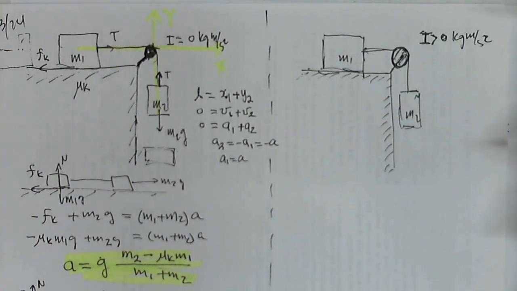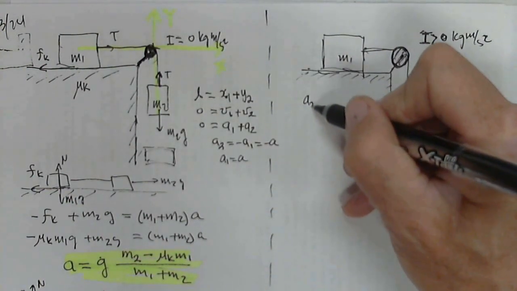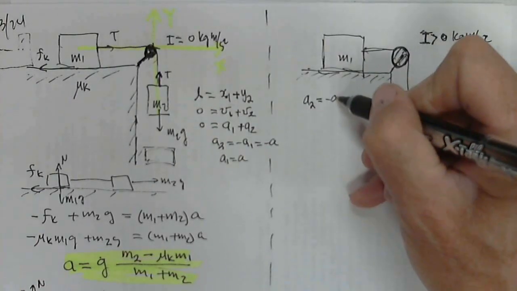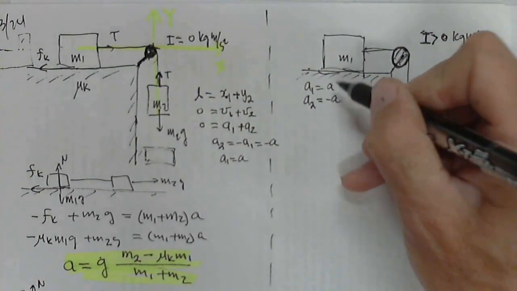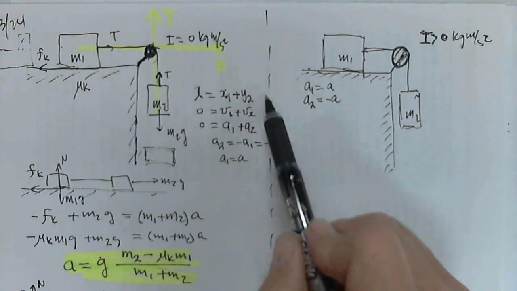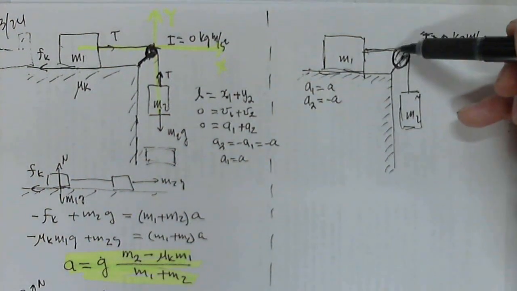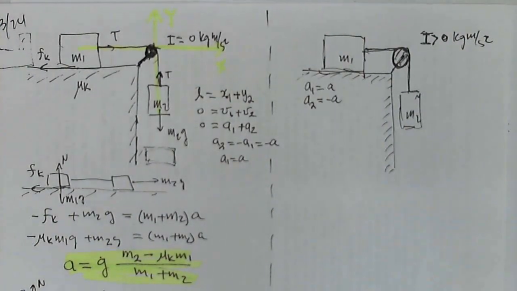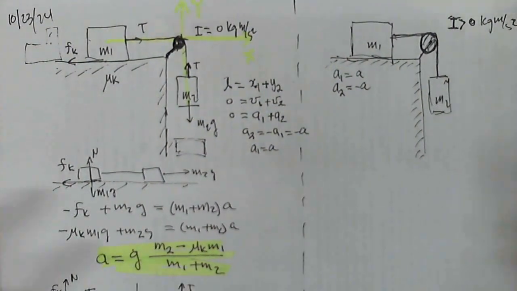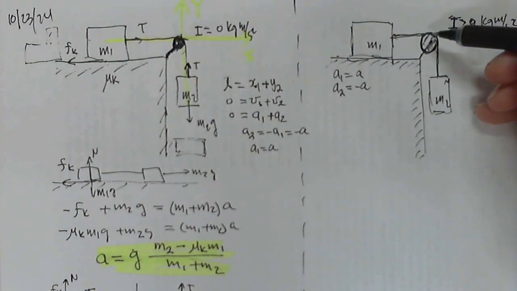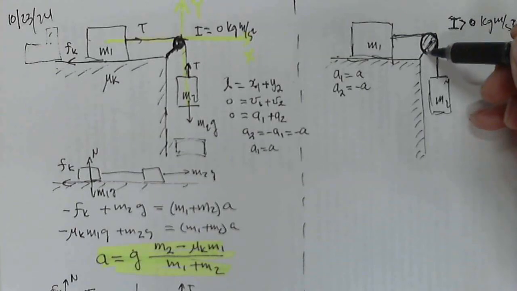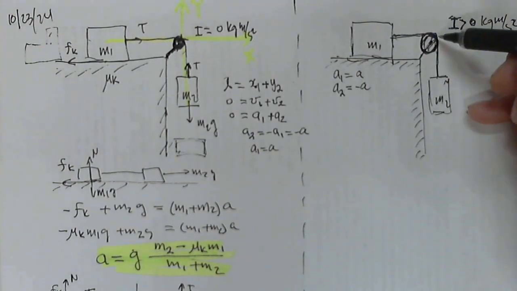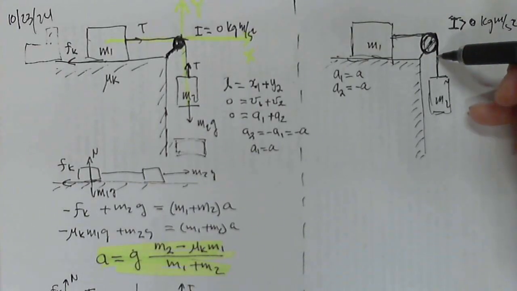You are going to get that A2 is -A1, by the same constraint equation that the length of the string is constant. And there is another one, that the pulley is not slipping, so the string over here is not slipping.